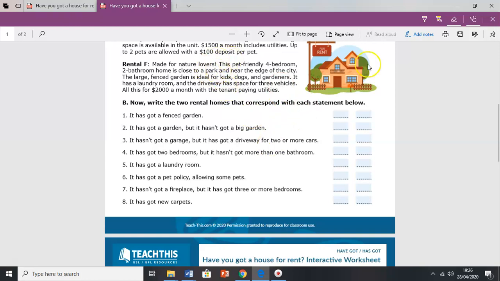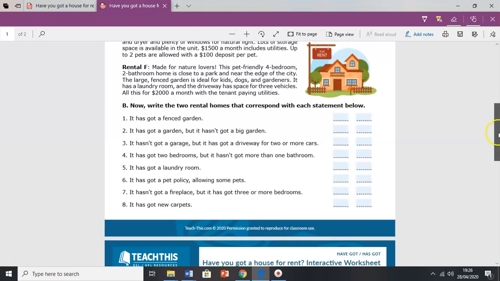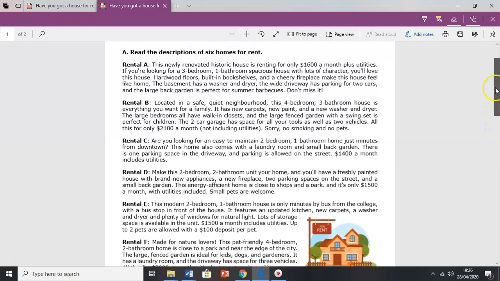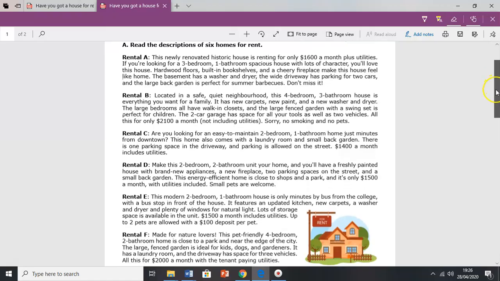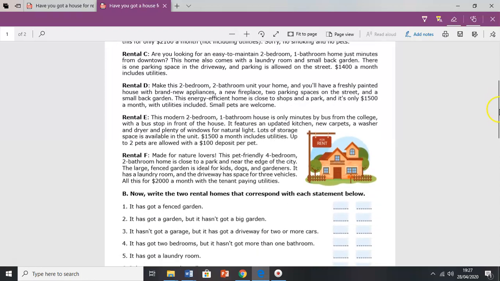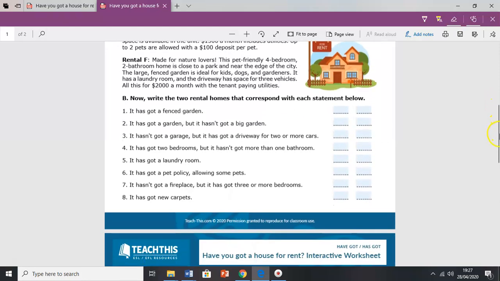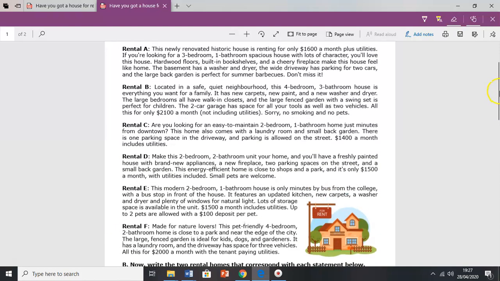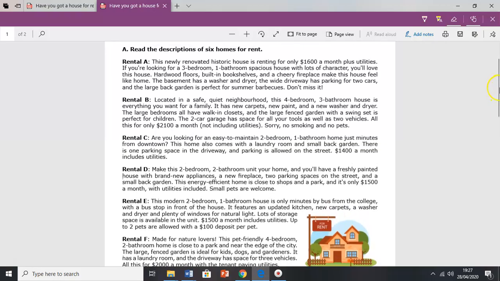Now, one interesting thing about this is that this text isn't for entertainment purposes. You have a task to do, you have a goal, you have to find information about each of these houses. Now, in real life, if you were looking for a house, for example, and you were on daft.ie or MyHome, wherever, you know what kind of house you're looking for yourself.